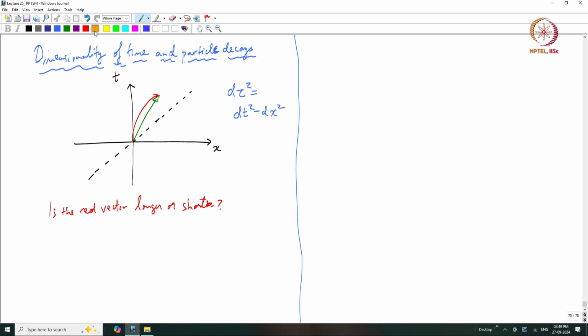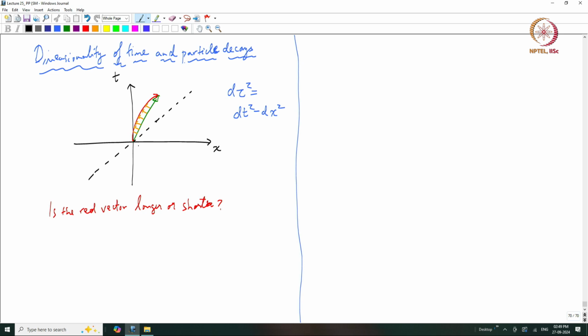The answer is, it is shorter, and I will tell you why. Because when I draw this line, can you see the arrows that I am drawing here? I am actually distorting this vector in a direction that is either time-like or space-like.